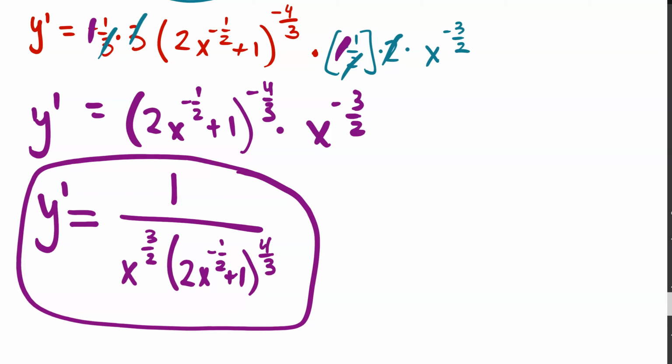Well, the x to the 3/2, you'd have to put it inside the cube root of 2x to the negative 1/2 plus 1 to the 4th power. It would be different if it was like x plus 1, where you just distribute it out. But because I have this nasty expression, this is good. Ideally, you know when to stop, because what you would do is make it more complicated.